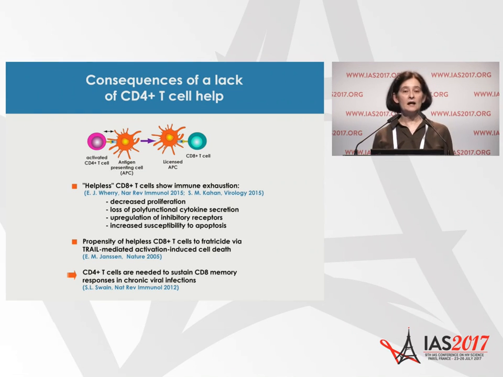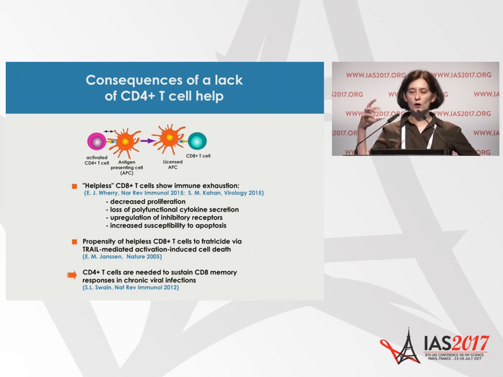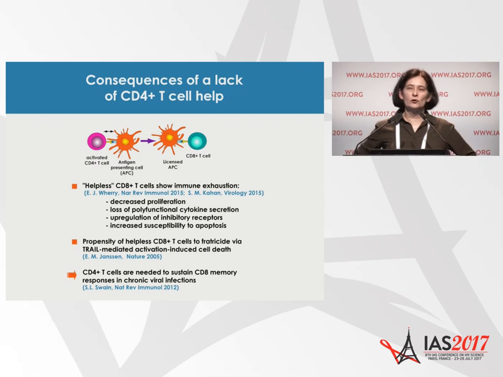And these helpless CD8 T-cells also show a propensity to kill each other through fratricide because they upregulate TRAIL. So evidence from multiple models indicates that CD4 T-cell help is needed to sustain CD8 memory responses in the setting of chronic viral infections.